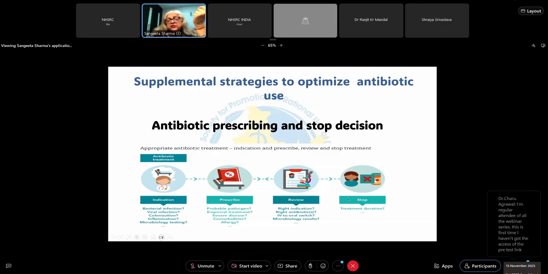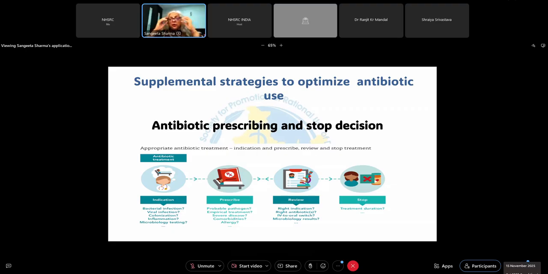Then of course the stop decision is as important. Many times with antibiotics we have seen, if the patient stays in the hospital, the initial stay was not expected to go beyond 5 days, 7 days, but some complications happen, or for some other reasons the stay may be prolonged, and the patient continues to get these antibiotics for the duration of stay in the hospital.